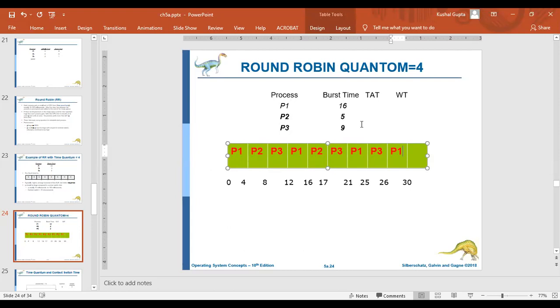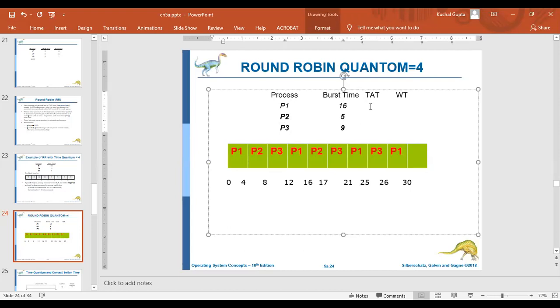So completion time of P1 will be 30. 30 minus arrival time, that is 0 for every process. So 30 is the turnaround time for P1. What is the turnaround time for P2 when P2 is finishing? 17. Turnaround time for P3, that is 26. So these are the turnaround times for the three processes.